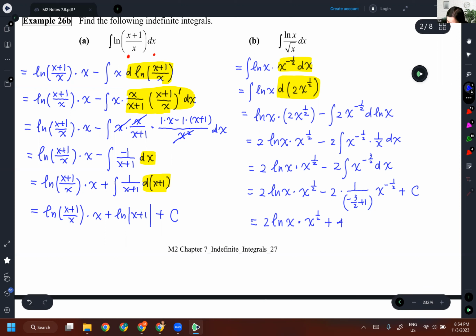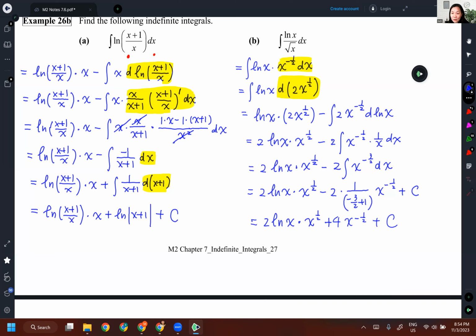That's plus 4. Why is it? Plus 4 x to the negative 1 over 2 plus 2. And then you're done. Unless you want to do some simplification. In this case, I don't see the point yet. So you can leave it like that.